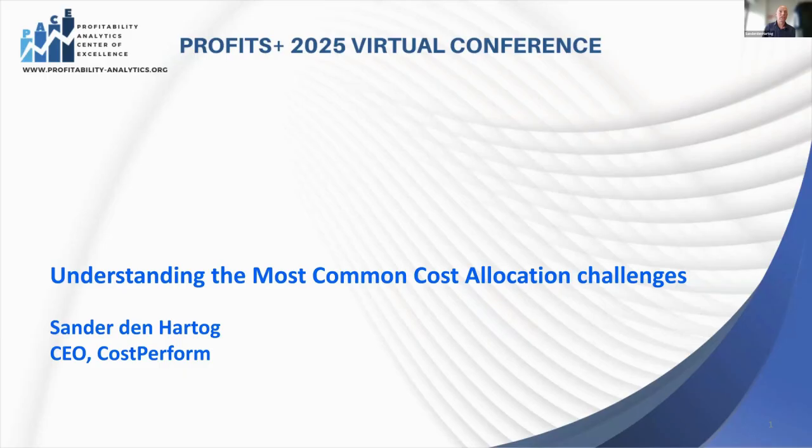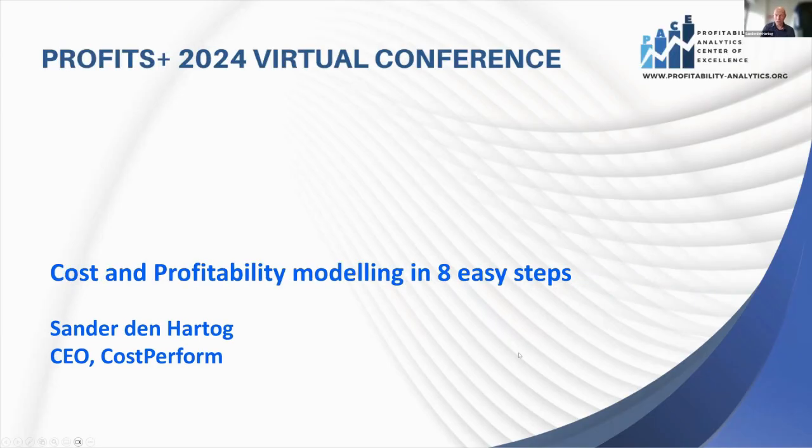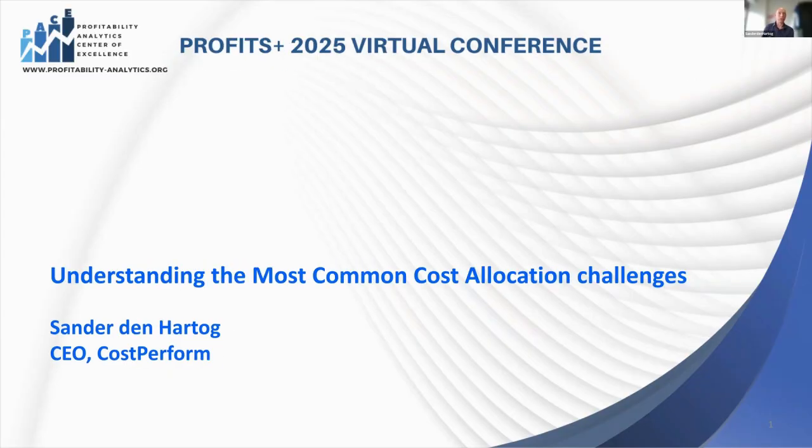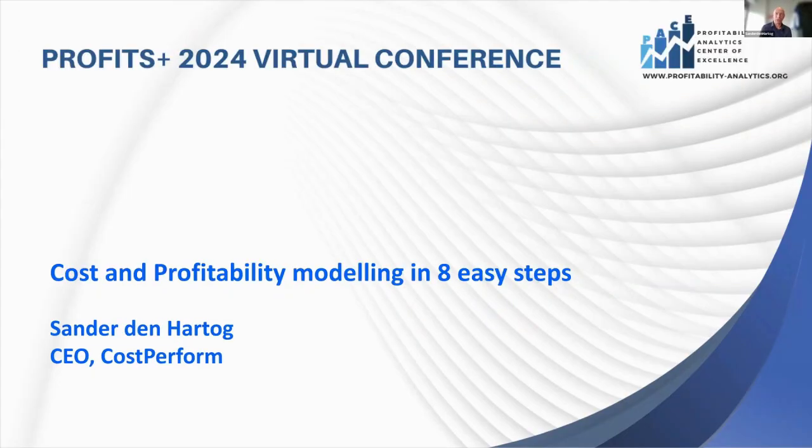The topic of today is trying to understand the most common cost allocation challenge. And I have a very specific slide that I'm going to spend a lot of time on and try to get a lot of examples of that. But first off, when I looked at the presentation, I looked a little bit at last year, because as you can see, this is 2025, but I saw the 2024 version. I talked about modeling in 8 easy steps.